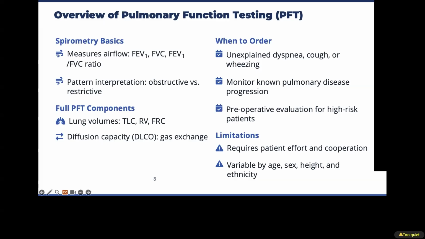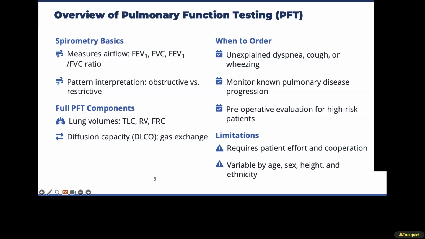But the complete PFT is going to look at things like lung volume, total lung capacity, residual volume, and functional residual capacity, which is what FRC is. These show you whether there is air trapping or reduced expansion.